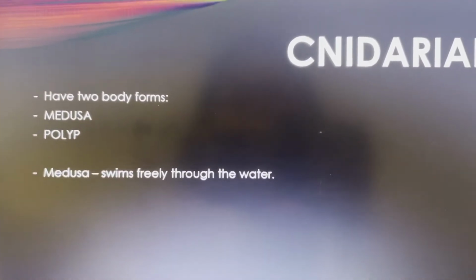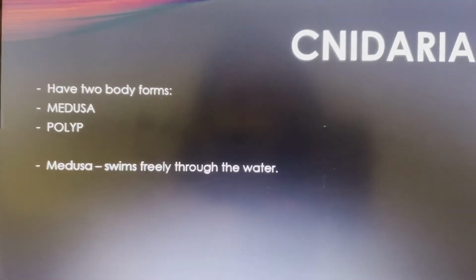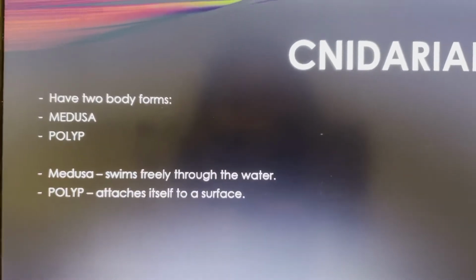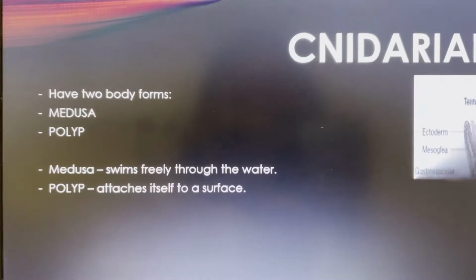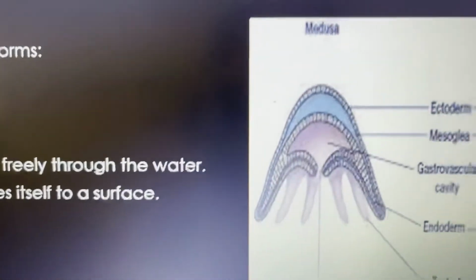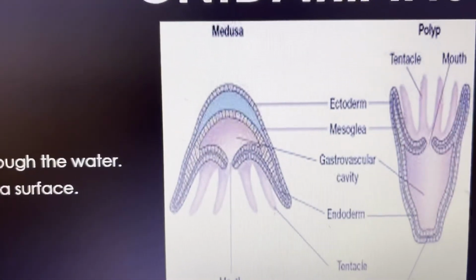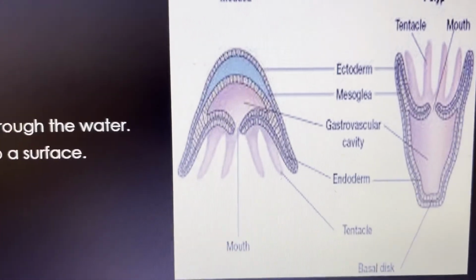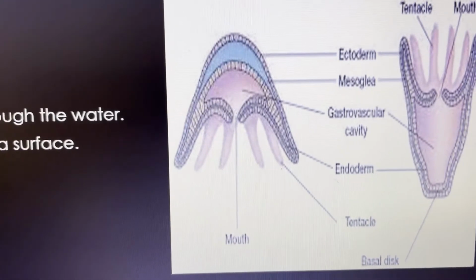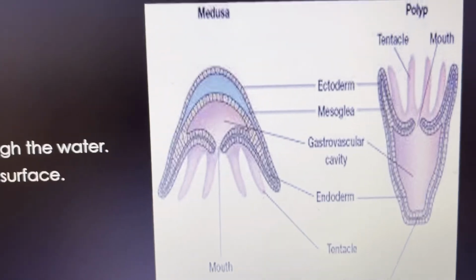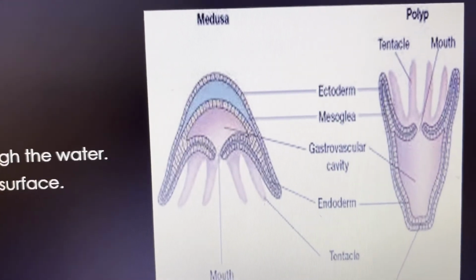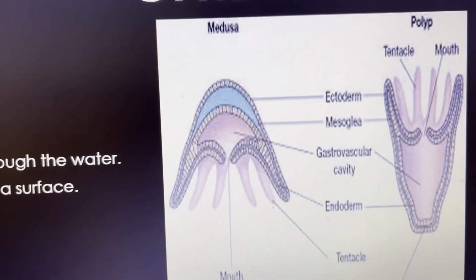Medusa swims freely through the water, while polyp attaches itself to a surface. As you can see here, the medusa and the polyp. Check the mouth here on the medusa, and the polyp also has a mouth and tentacles.